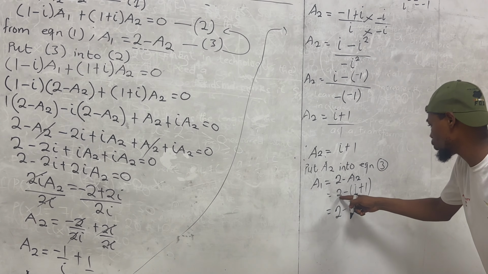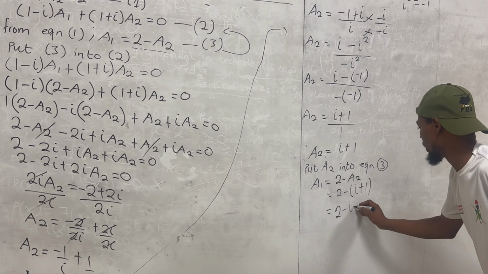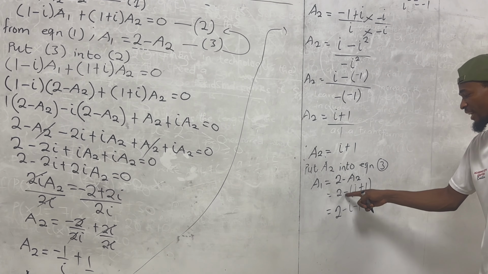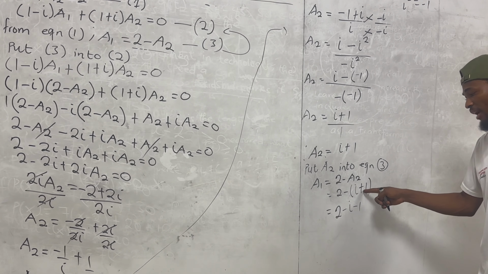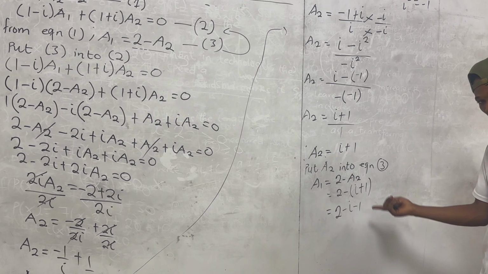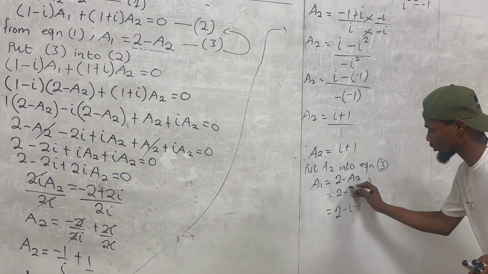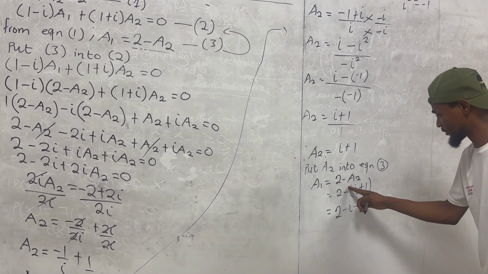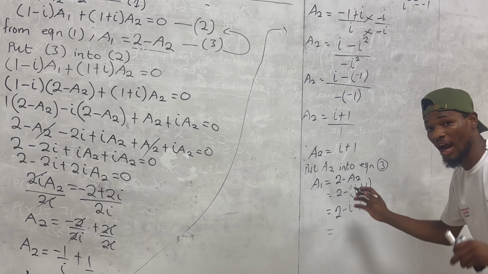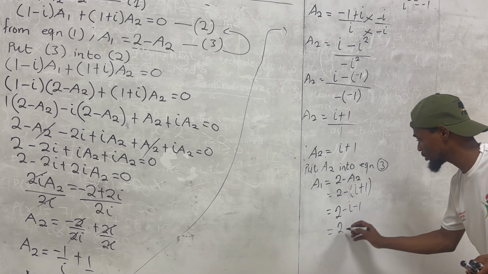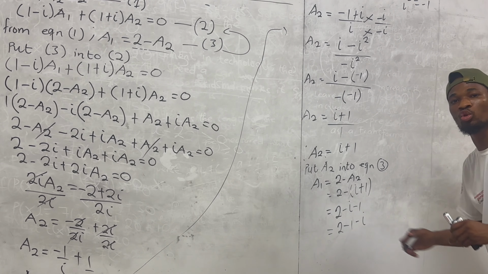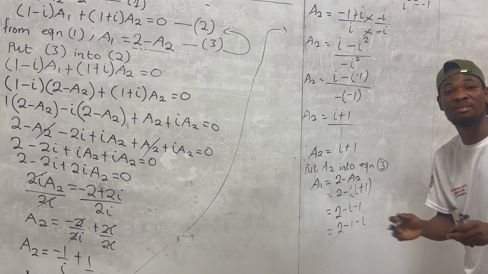I have 2, and I have negative 1 here. So negative times i is negative i, and negative times positive 1 is negative 1. Negative times positive is negative. By rearrangement, this becomes 2 minus 1, then minus i. We want to group the real part and the imaginary part.